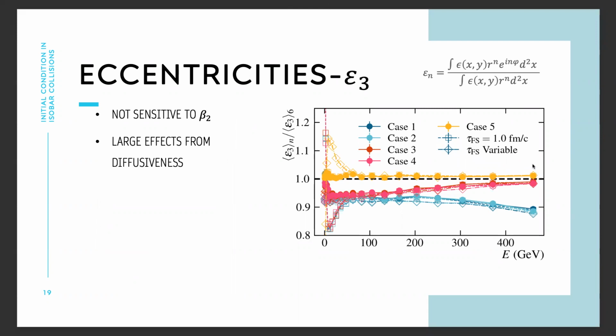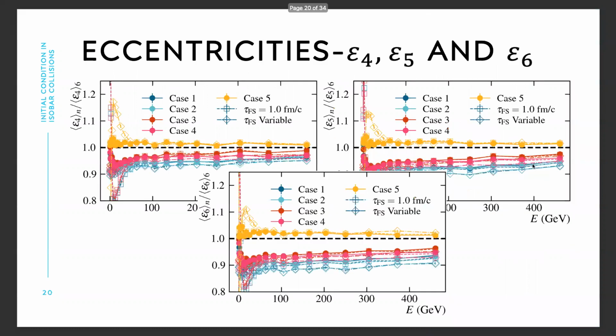For the quadrupole deformation, that is the magenta with the hat, we don't see any difference in diffuseness. Here we see it plays a larger role. And just because I had this data on my drive, I also did epsilon 4, epsilon 5, epsilon 6.